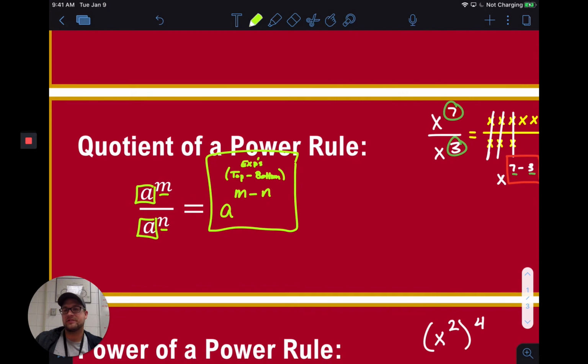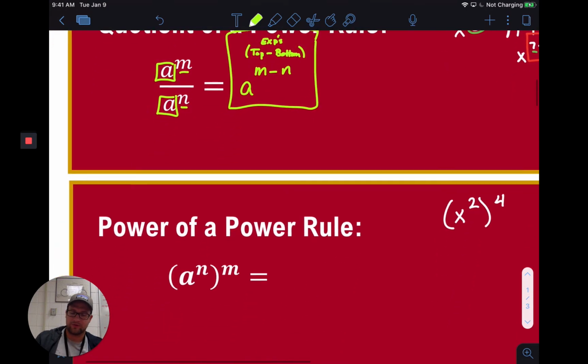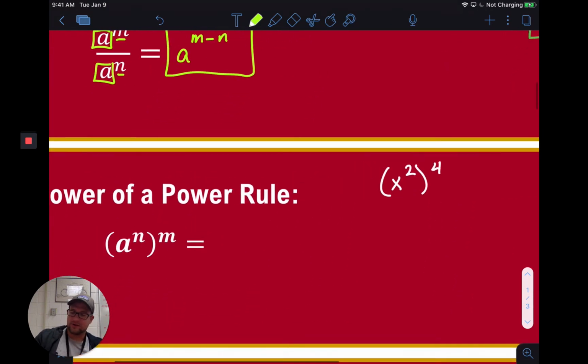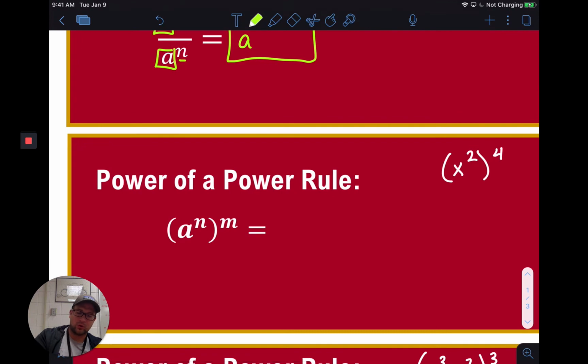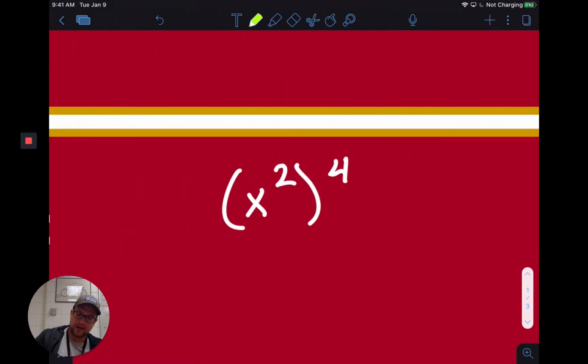We have 2 more rules to get through, and then we're going to sit there and start going through some problems. Here's our next one. We're doing the power of a power rule. So our question is, what happens if we have a power that is being raised to an exponent?